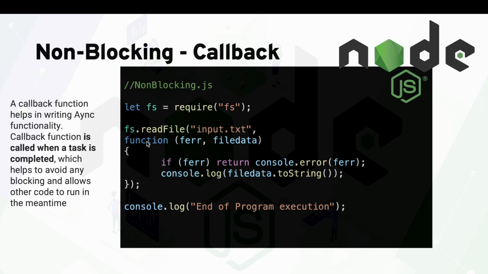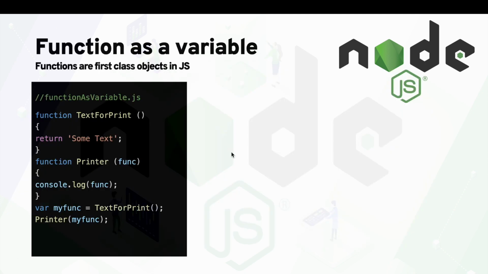Like I said, it is the last parameter in an async function. It is always the last, and the first parameter of it is always the error. Called when the task is completed, which helps to avoid any blocking and allows other code to run in the meantime. So basically, this code ran in the meantime till it was able to read the file.